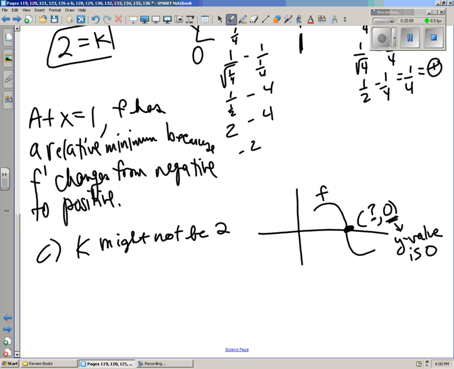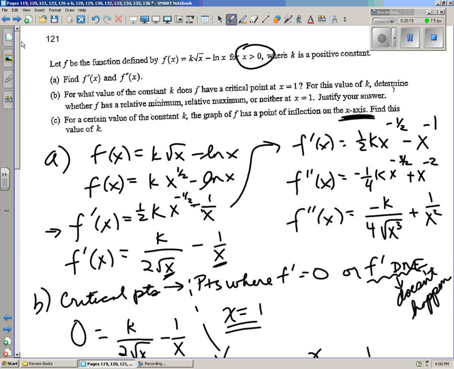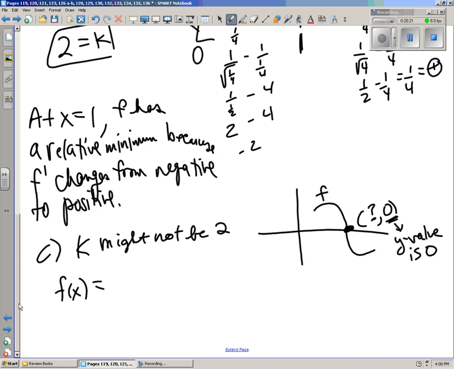So where do we get x and y values from? Well, they come from the original function. The original function was f of x is k radical x minus ln of x.